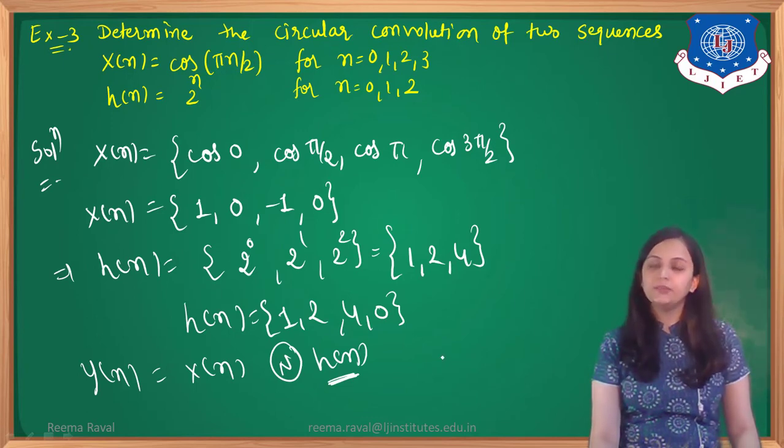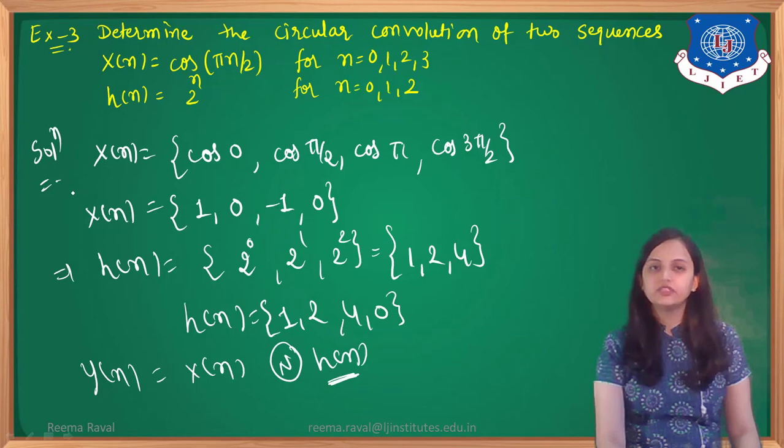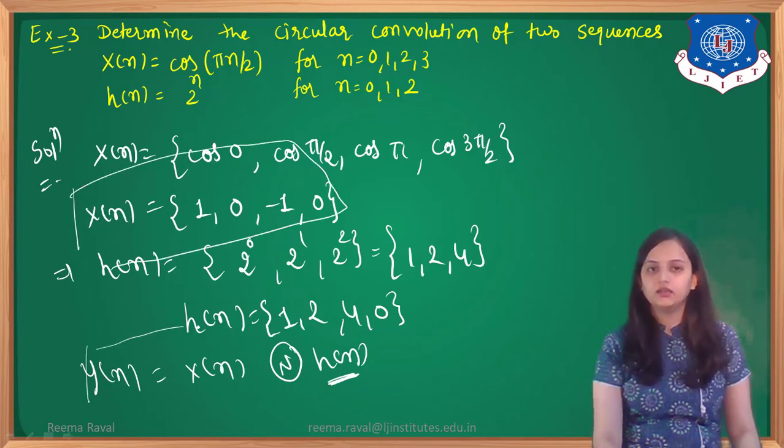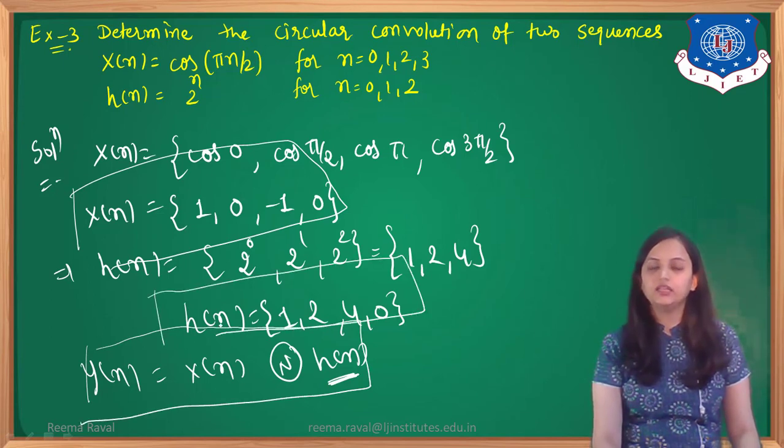So the procedure will remain same as in the previous examples, but here the difference was that the sample values for x of n and h of n are not given directly. Here the function and the instances are given individually, and using them we need to obtain x of n and h of n to find the final y of n.